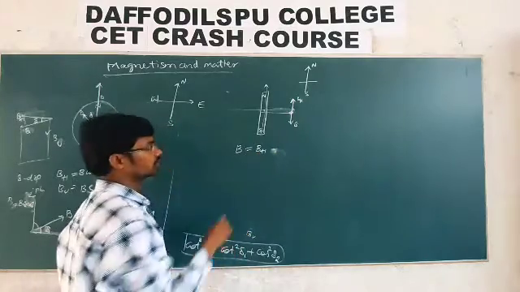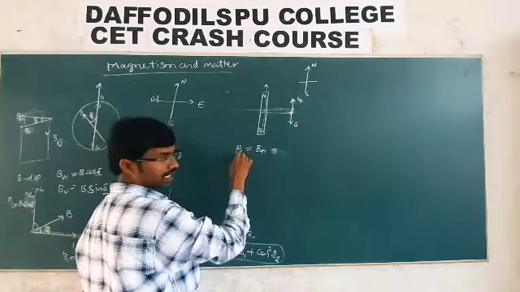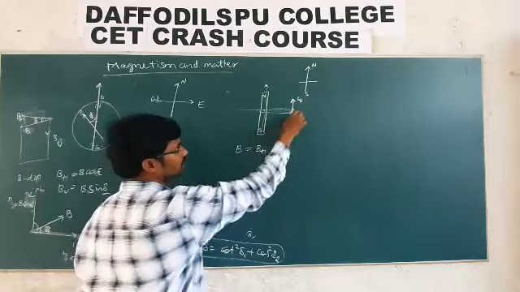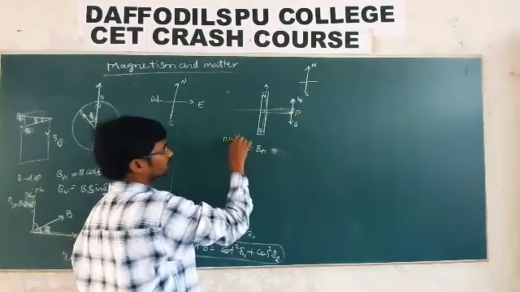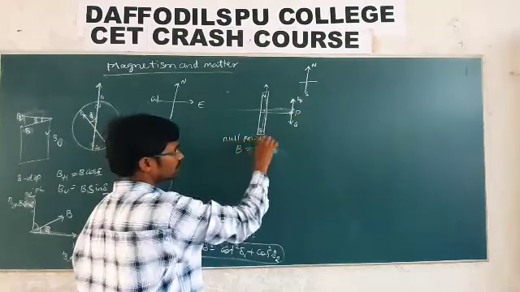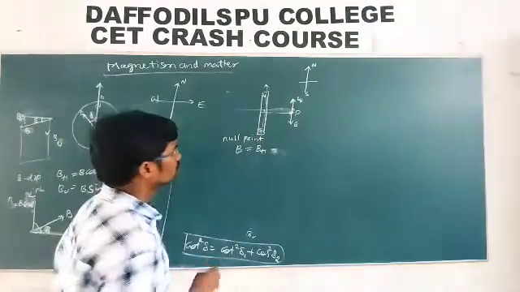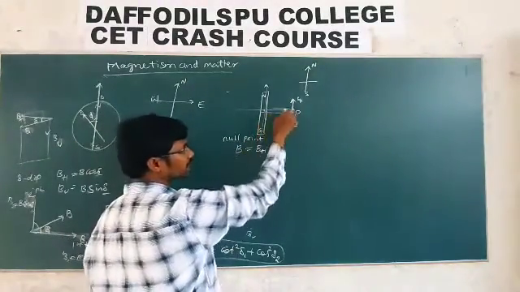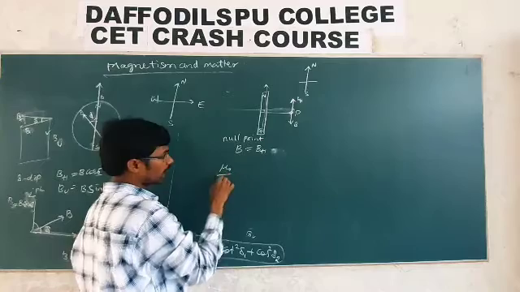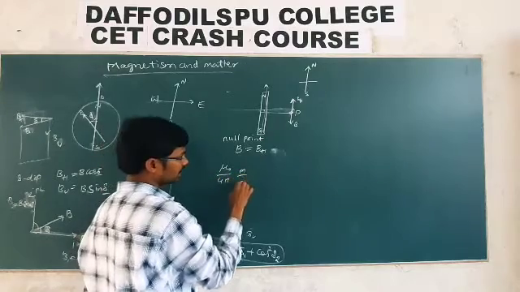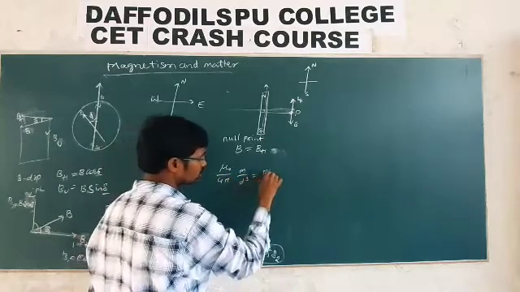This point is called the null point. Now what is the magnetic field due to this bar magnet on the equatorial line? Mu naught by 4 pi, m by d cube, is equal to BH.